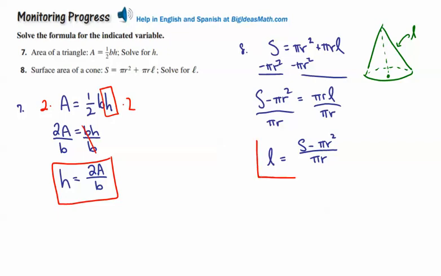And that's really it. That's all we have to do to isolate the L in that equation. Alright, so hopefully you're getting some more practice with how we do this.